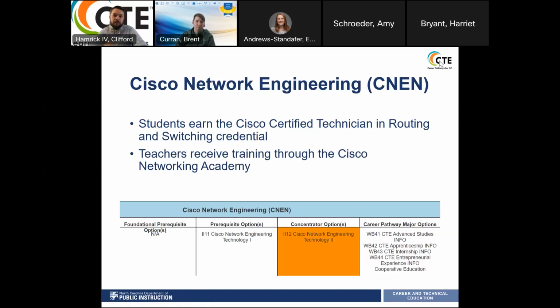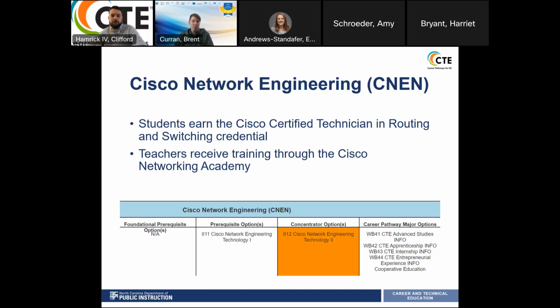All right, next up is Cisco Network Engineering, and this is one of Brent's pathways, so I'm going to let him talk about it. In this pathway, students have the potential to earn their Cisco Certified Technician and Routing and Switching credentials.